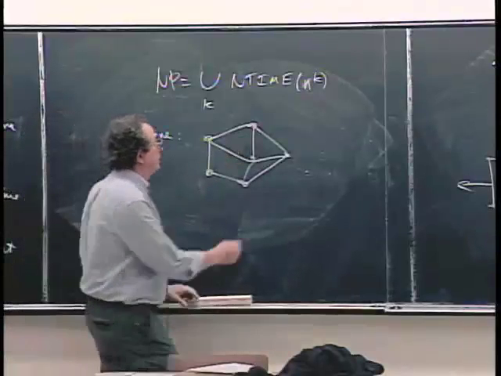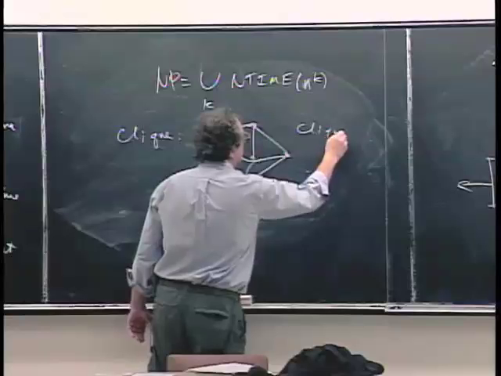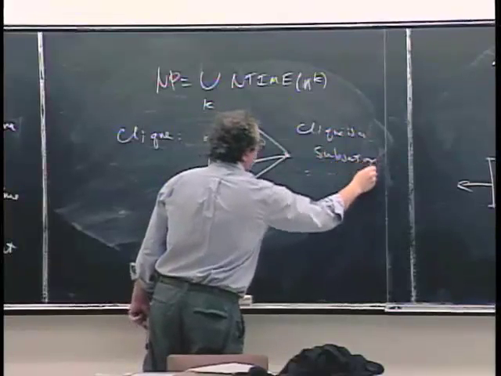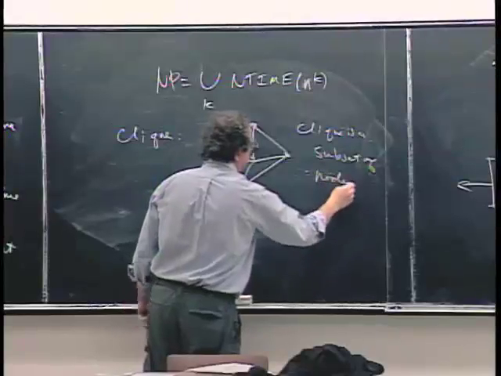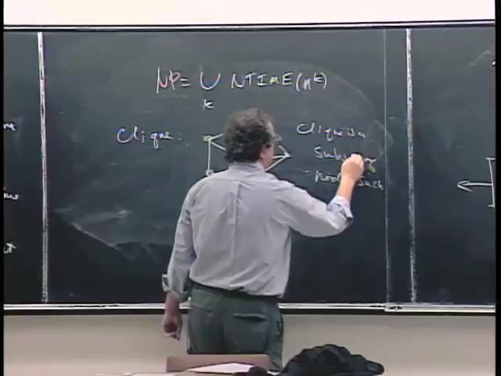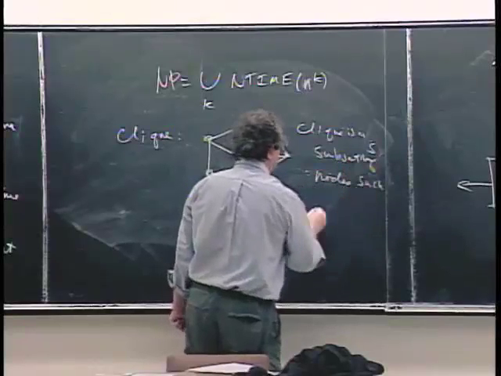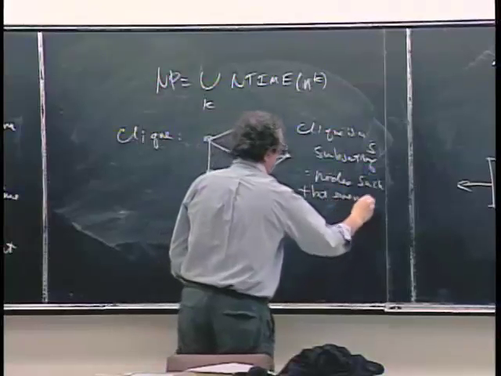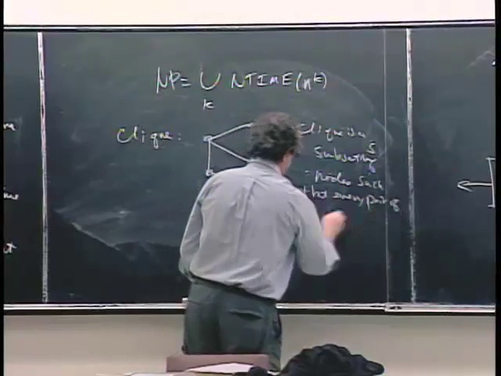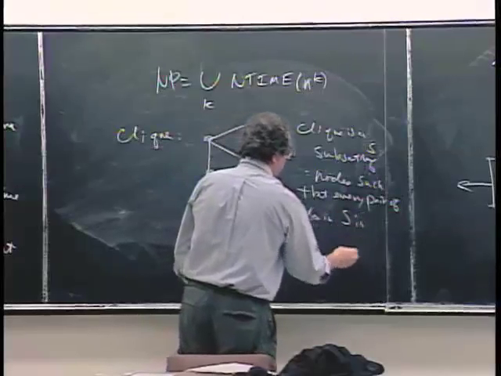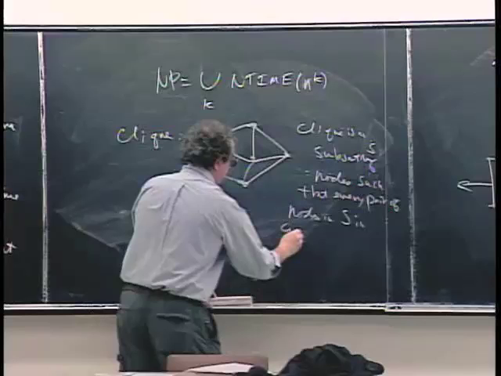And a clique is a subset of nodes, a subset S, such that every pair of nodes in S is connected by an edge.